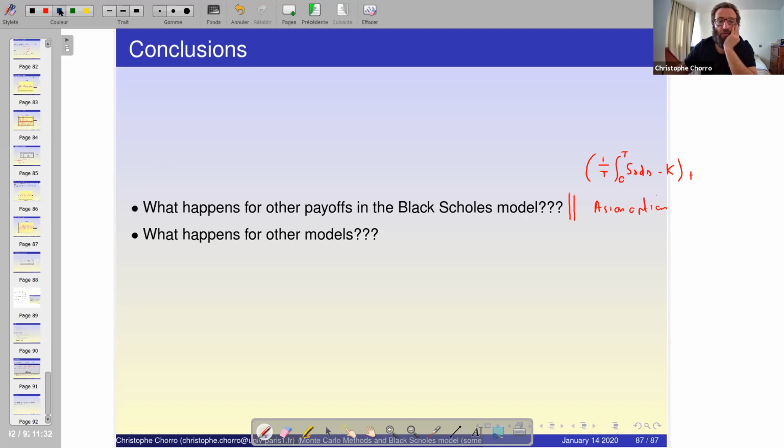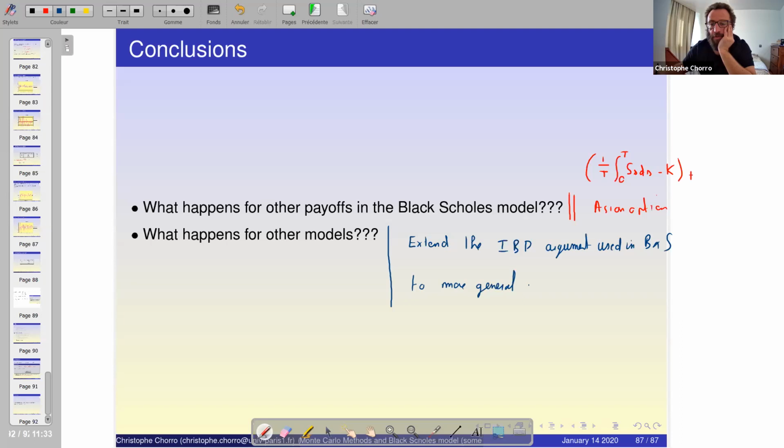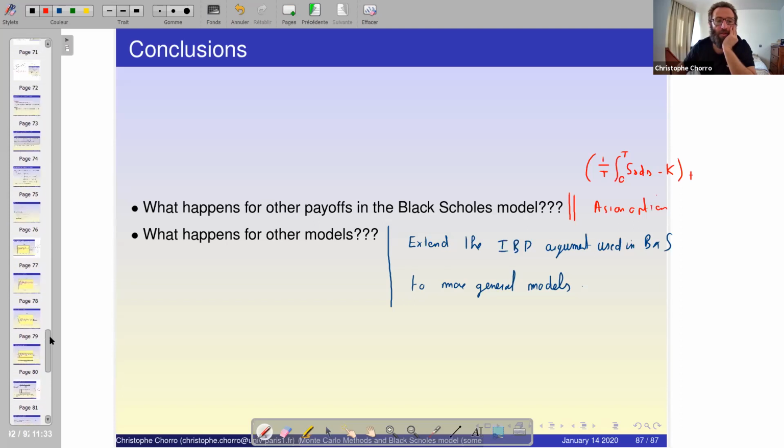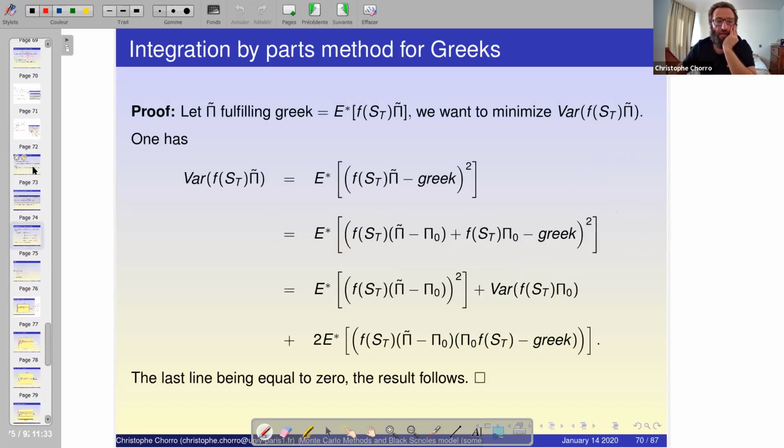And we are also going to see that I am able to extend the integration by part argument used in Black-Scholes to more general models. If I want to do this, I need to extend the integration by part argument I have used in this proof here.